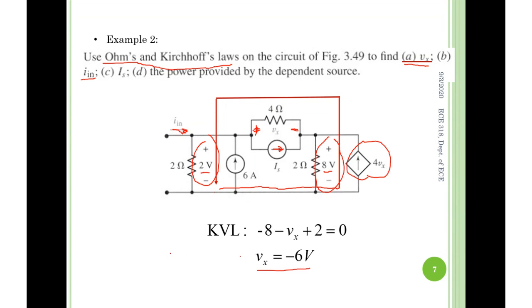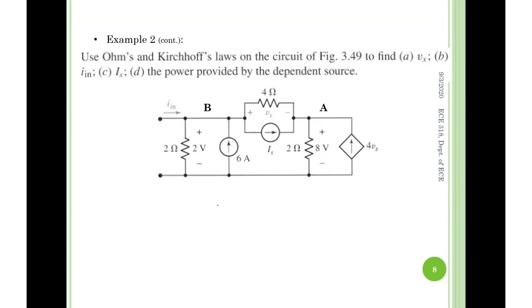IE equals what? Well, this is a current, so we might think of KCL. IE is the current going into this node. Does it make sense? We call this a supernode.